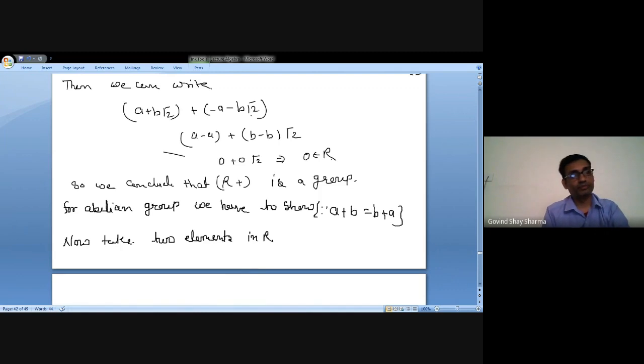A1 plus B1 root 2 or A2 plus B2 root 2. So let the elements A1 plus B1 root 2 and A2 plus B2 root 2 be in R.